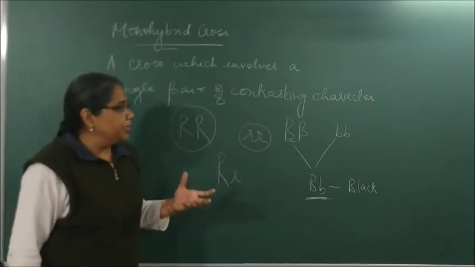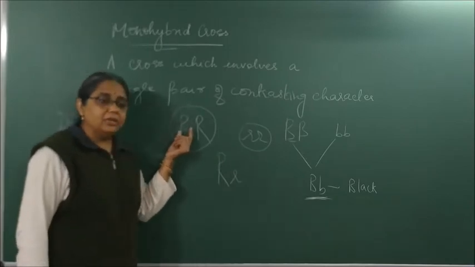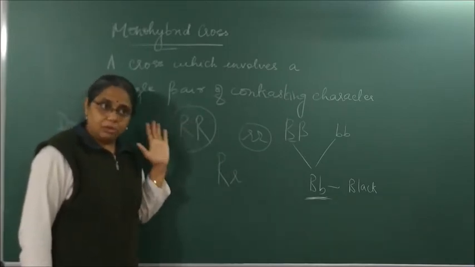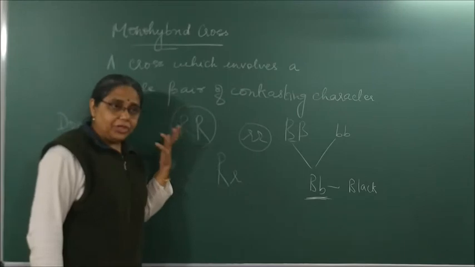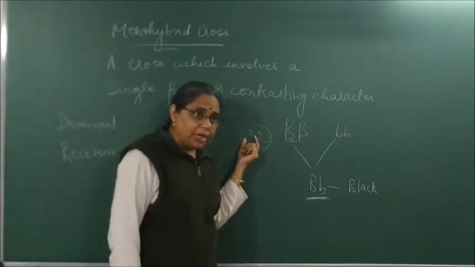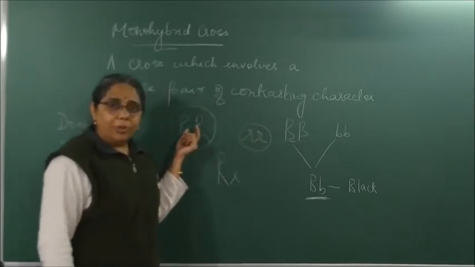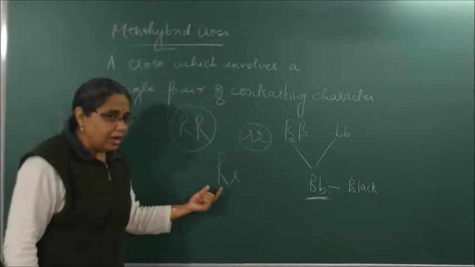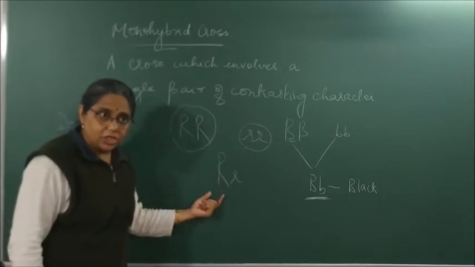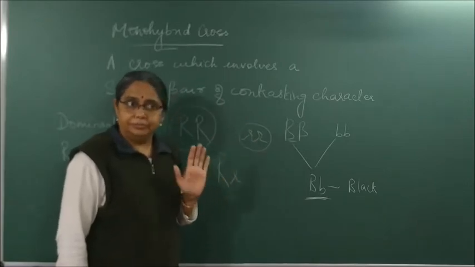When you are representing any character, you will always represent it with two letters. If it is dominant, then a capital letter. Dominant characters make their appearance in the next generation. Recessive characters will stay hidden.